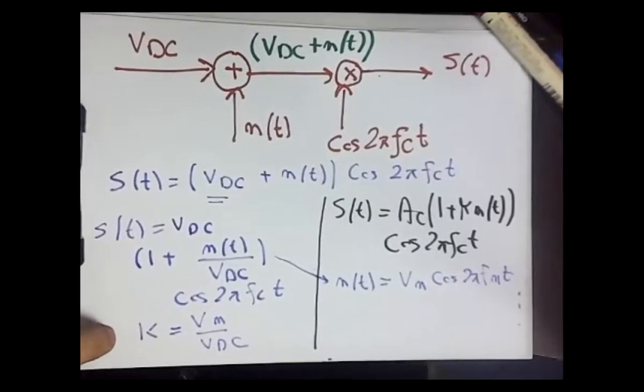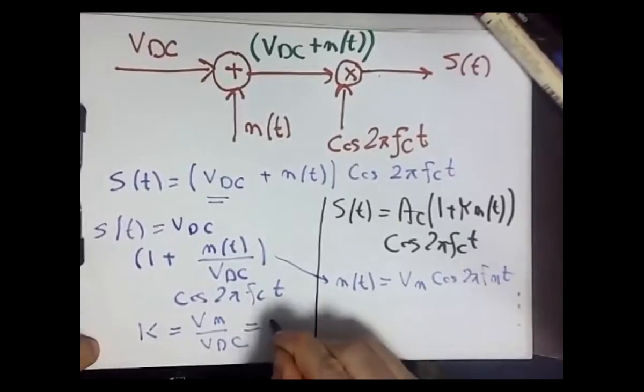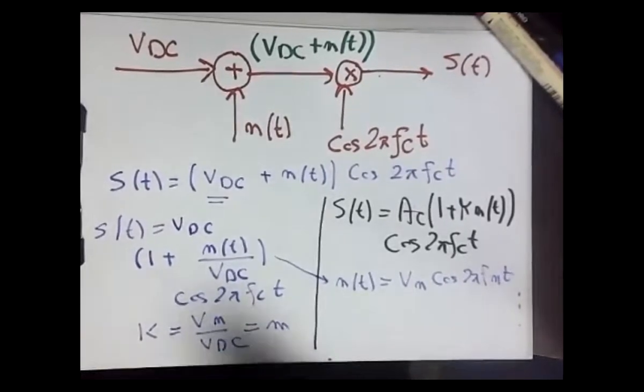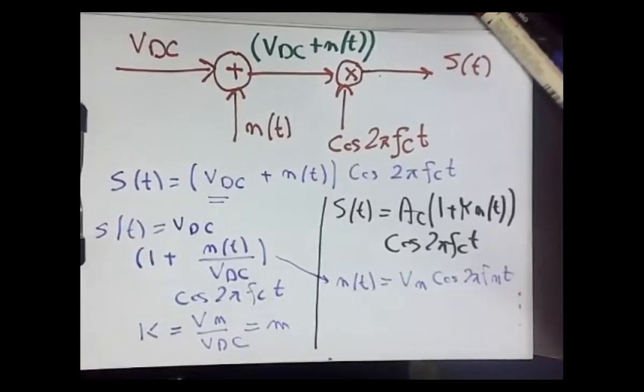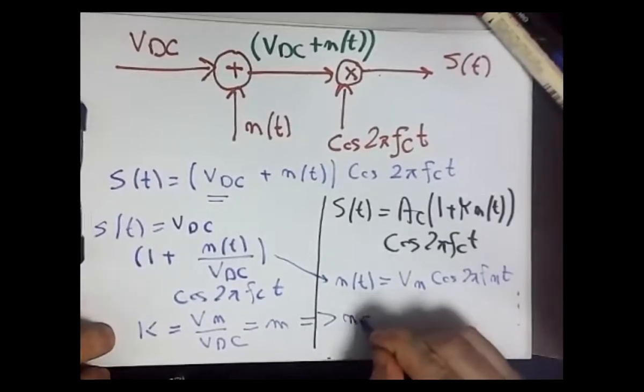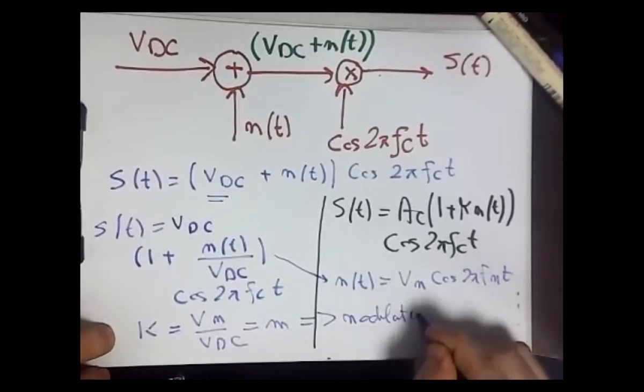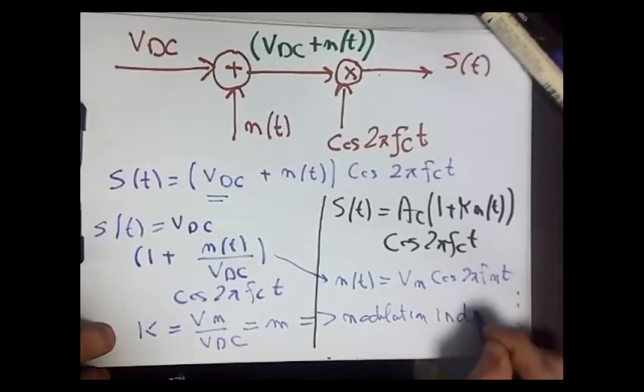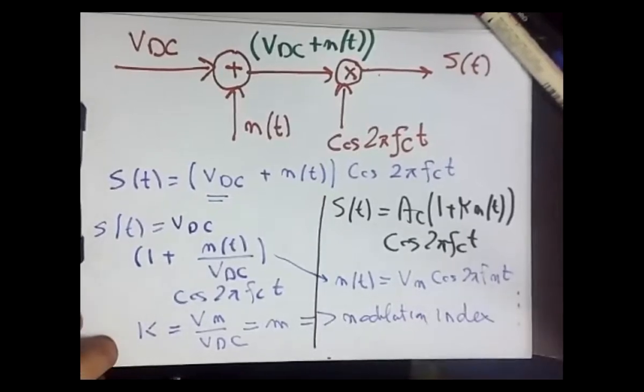So this is K, which is the modulation index, or sometimes we call it M, the modulation index. Both are okay. I believe that some books use M. I'm not sure, and maybe in my previous part of the lecture I used K, but by the end of the day, let's call it the modulation index. Both will have the same meaning.